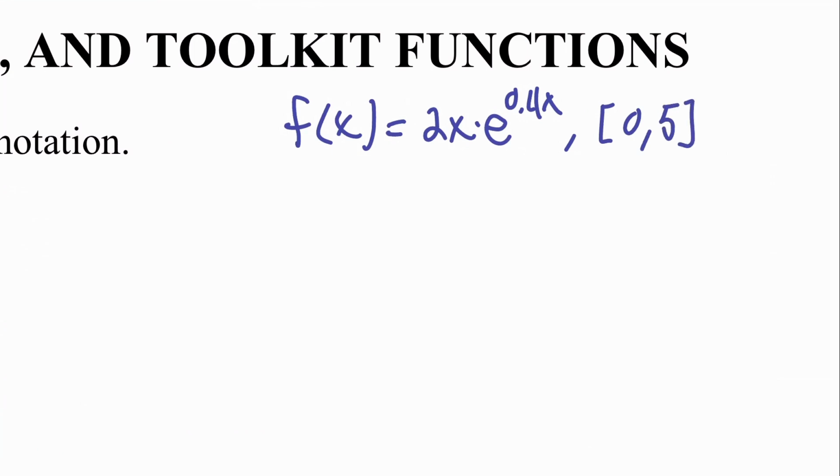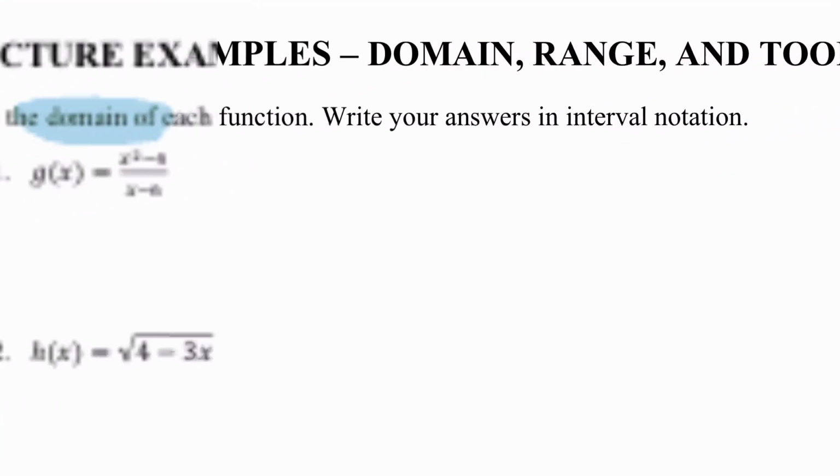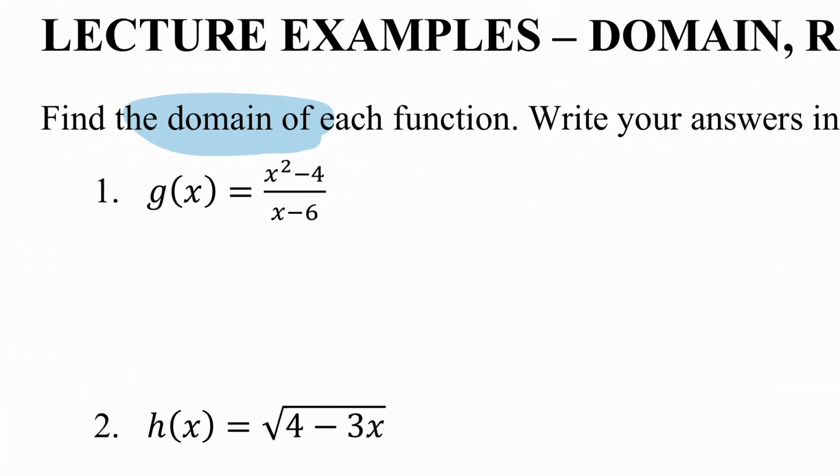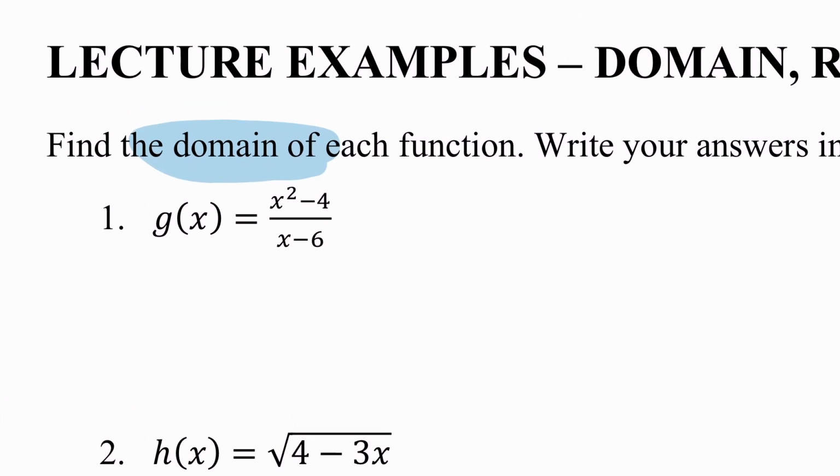You can't plug in 6. It's not allowed. Sometimes you'll be given a domain and told this is the domain you're sticking to. That'll happen sometimes. When you're just given a formula, like in this case, the default assumption is that the domain is all real numbers which seem to work and not cause arithmetic problems. So domain, by default, our assumption is all real numbers that seem to work as inputs.